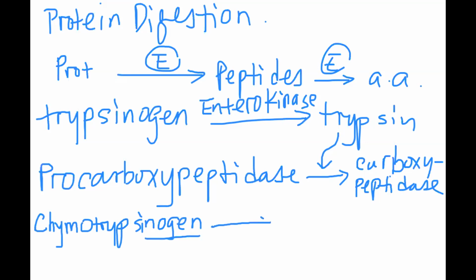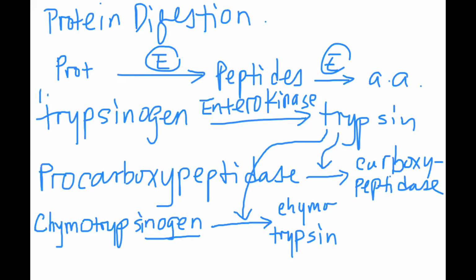And then this one can be activated to make the chymotrypsin. All right, the enzyme which can activate this enzyme is trypsin as well. Okay, so three proteases from the pancreas.